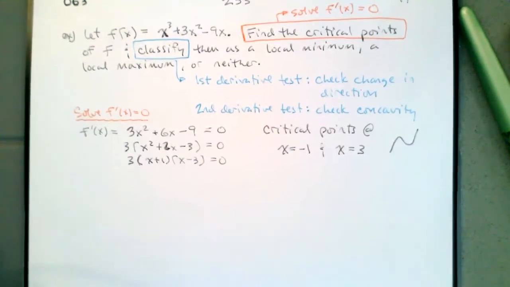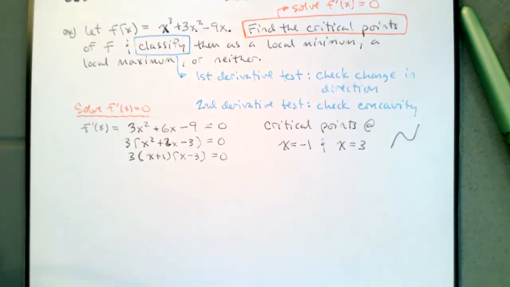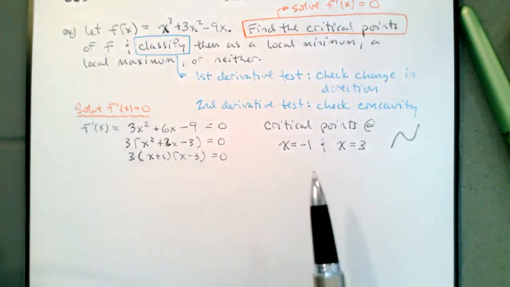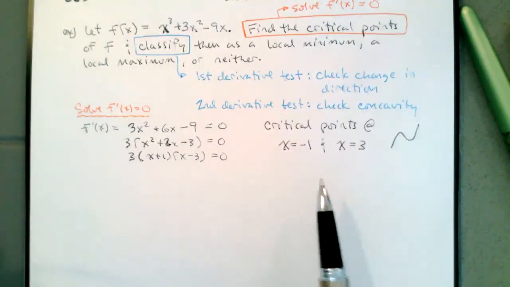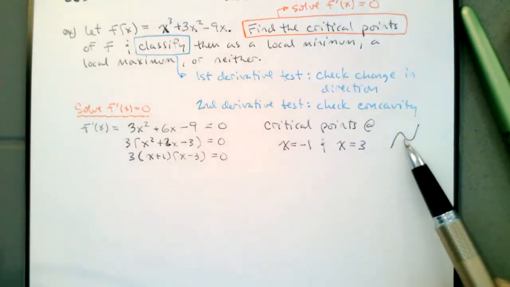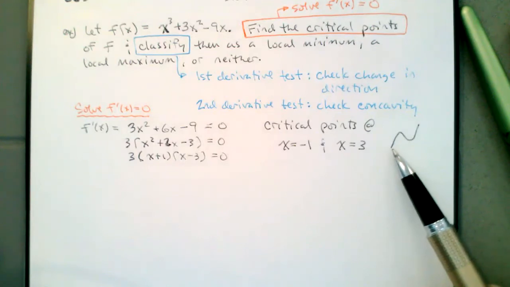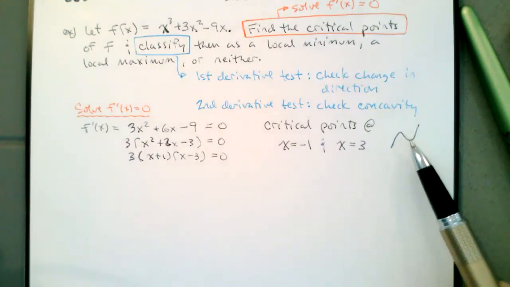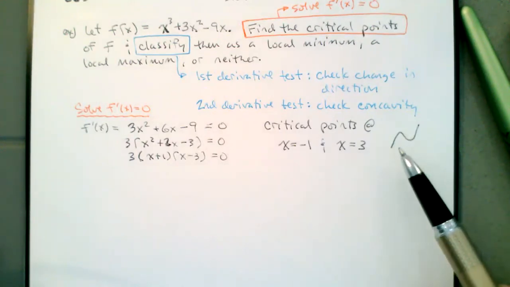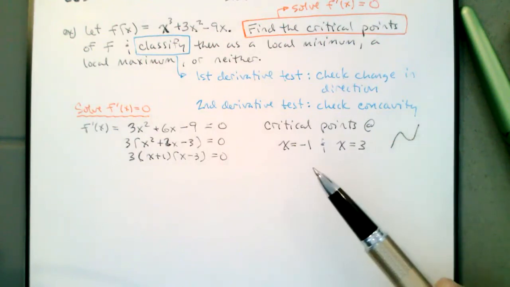We want to make sure that the calculus that we do fits this description. So I'm going to employ the second derivative test to check for concavity. What we know about polynomials tells us that if I plug -1 into the second derivative, it should be negative, indicating that the function is concave down at -1, indicating that we should have a local maximum at -1.